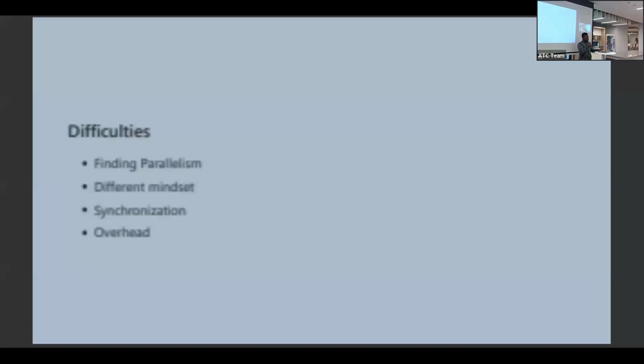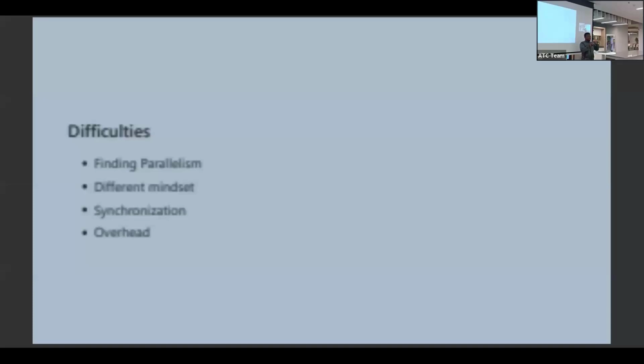Then there's synchronization. If your processes require data or need to modify data at the same memory location, or even around the same memory location, that can be a problem. You need to really think about how to coordinate that.